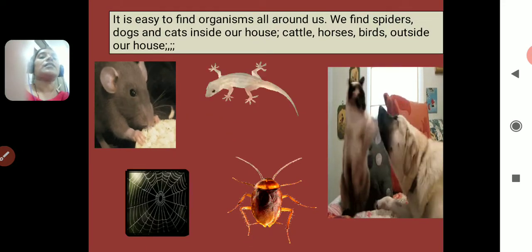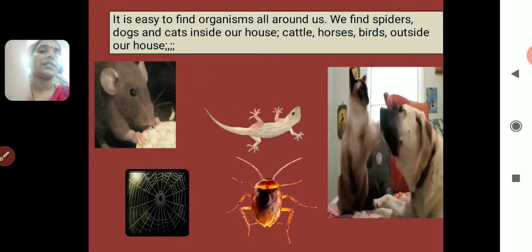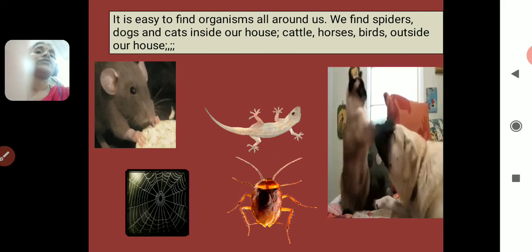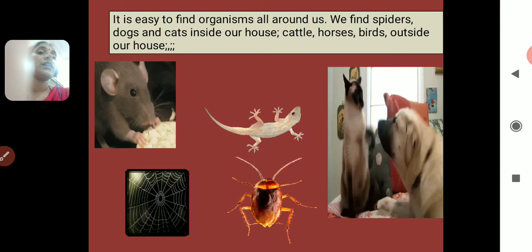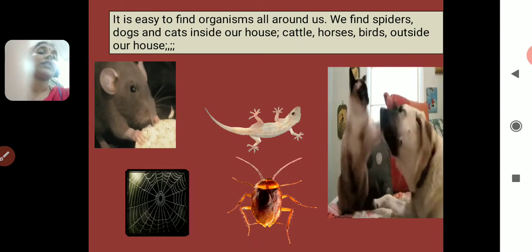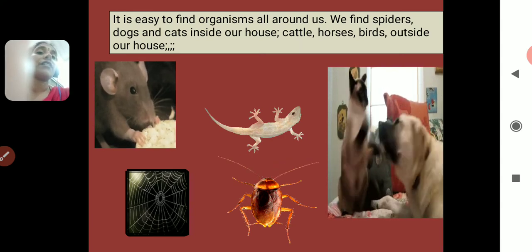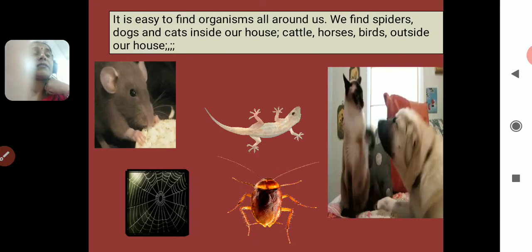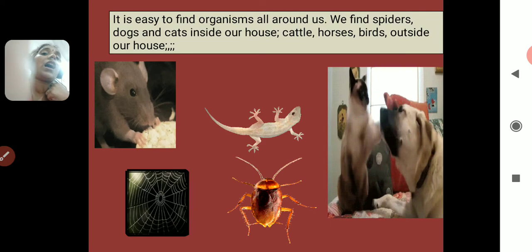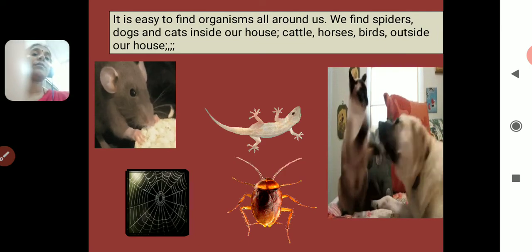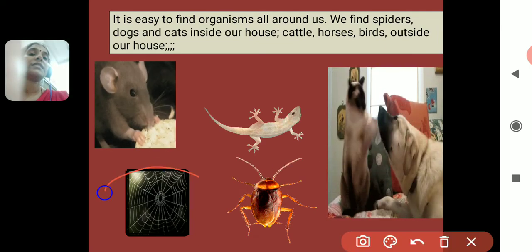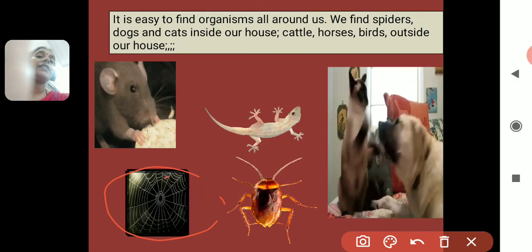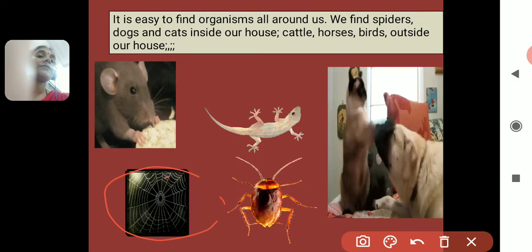We start inside our house. Students, it is very easy to find organisms all around us, and there are some organisms which are found inside our houses. If we talk about spider, it lives inside our house.